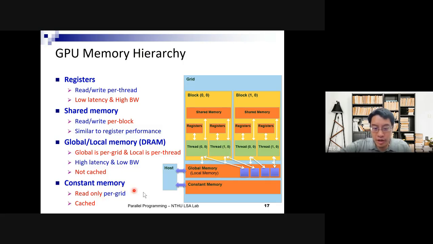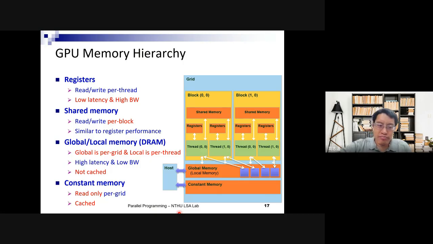And as a matter of fact, there are many other types of memory or different memory regions you can use on a GPU, for example texture memory. But we don't introduce them because those memories are usually designed for graphics processing, not for general purpose processing.